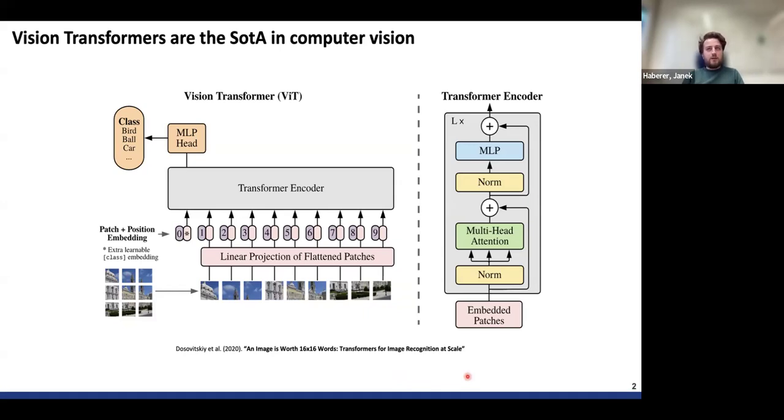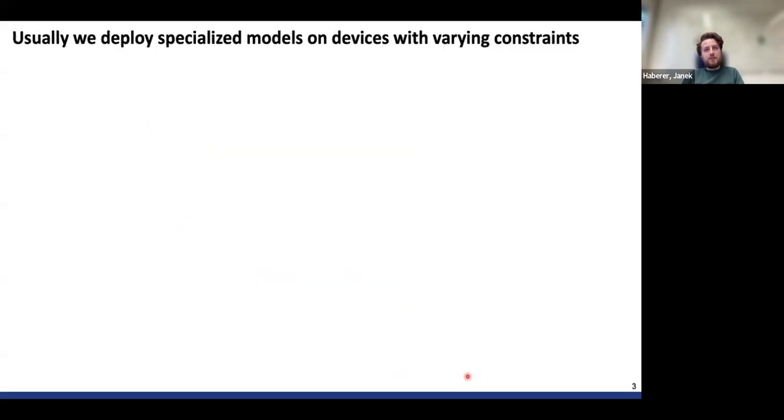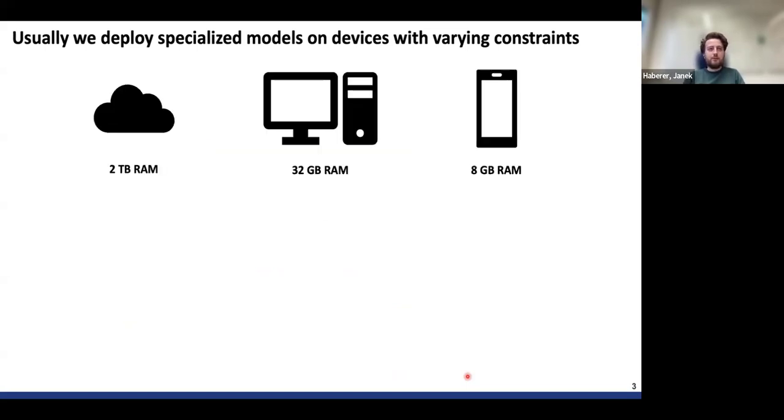data. And usually we deploy specialized models on devices with varying constraints. Assuming we have different devices, and these are just example numbers, not the actual reality, we might have servers with a lot of RAM, desktop PCs somewhere in between, and mobile phones with much lower resources.